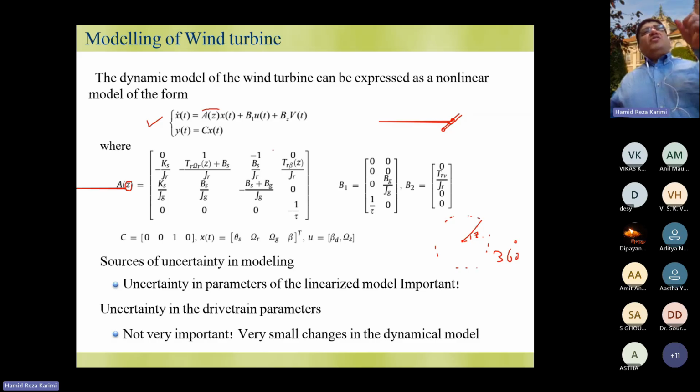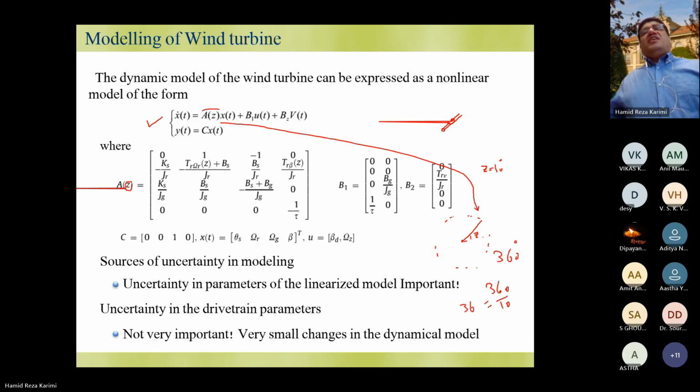So if you want to make a model of A(Z), based on this formulation, you can say that for example, for each 10 degrees, I can find one A. So 360 divided by 10 degrees becomes 36, and therefore, in your mathematical model, you should also have the set A1, A2, up to A36.